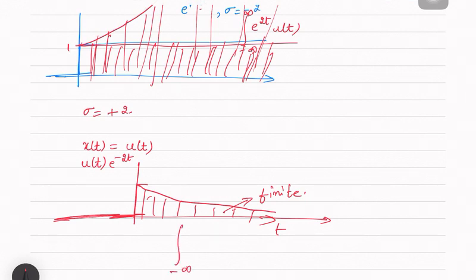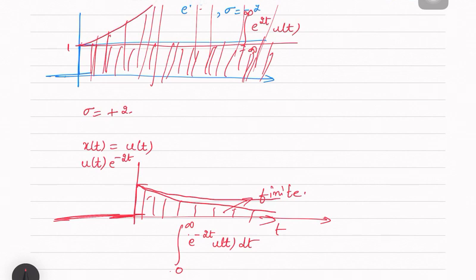And this area is given by this term. Since u of t is there, I am going to make the lower limit equal to 0. Since sigma is a variable, you can select the value of sigma. You can select sigma equal to 1. If you select sigma equal to plus 1, you'll get this curve.